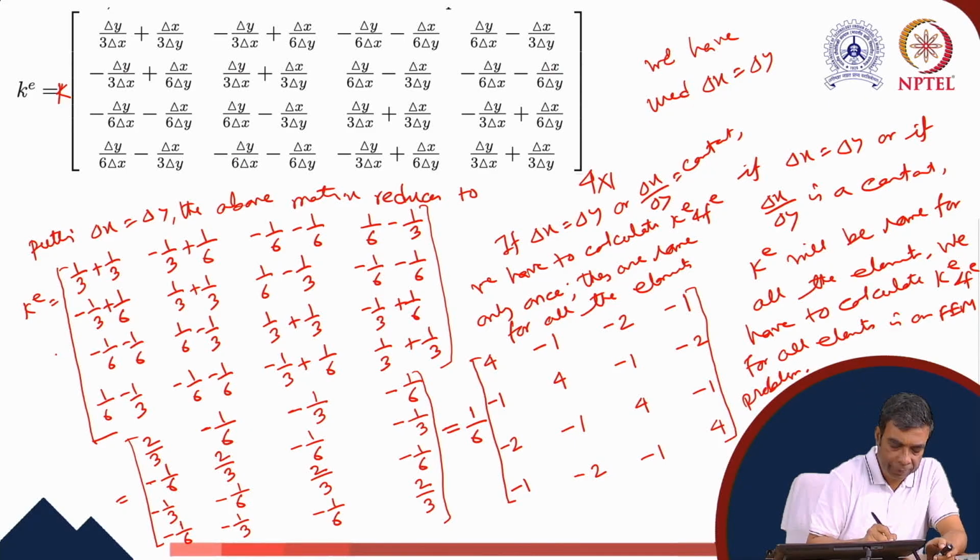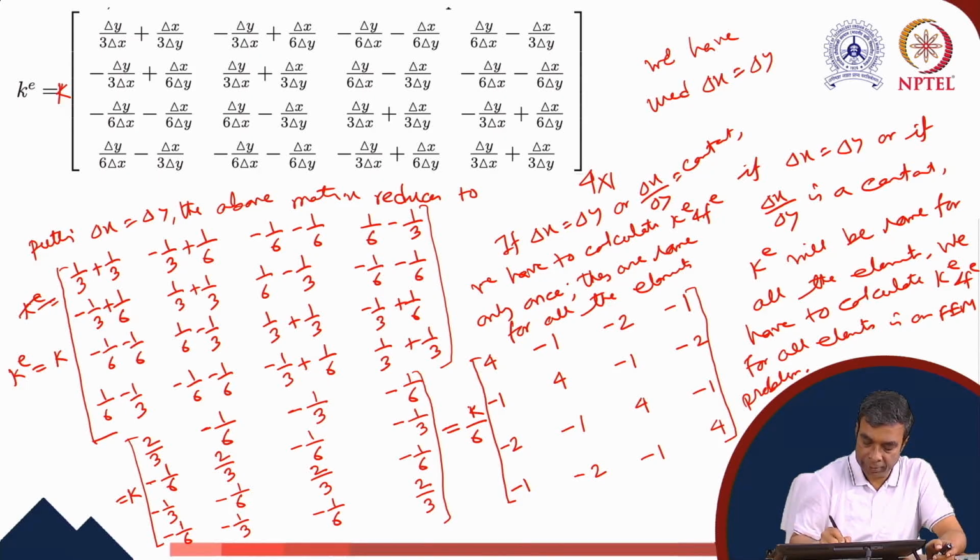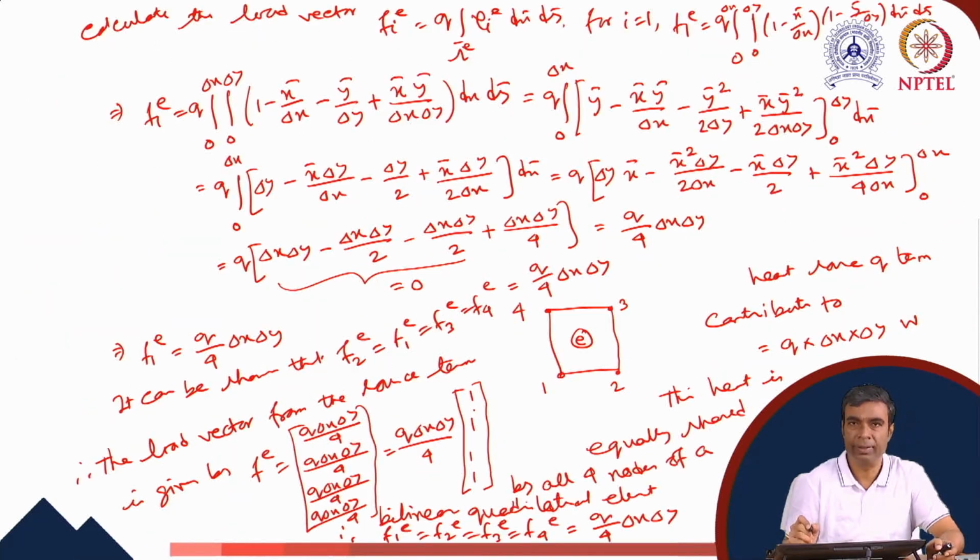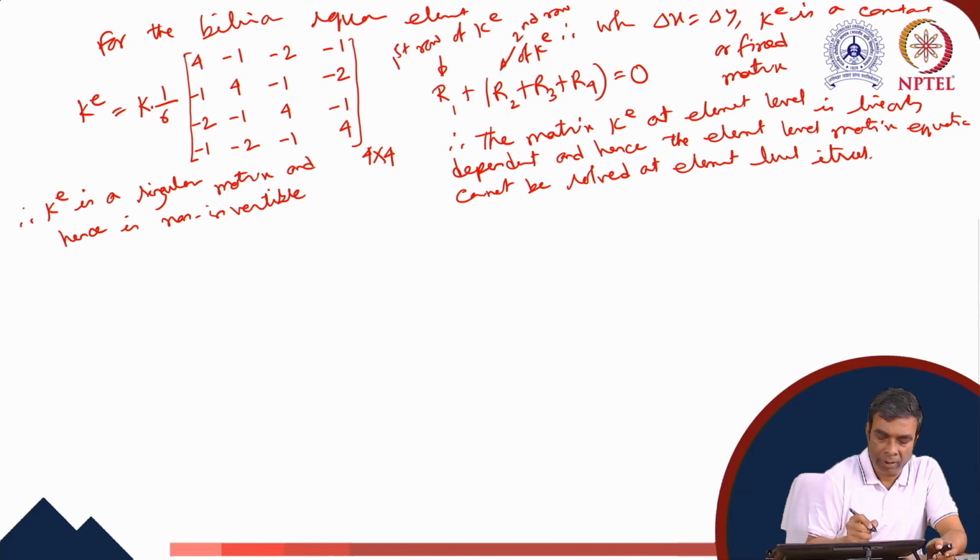Here the thermal conductivity term was missing. So this is Ke equals K by 6. Now we construct the LM array once more to perform the assembly.